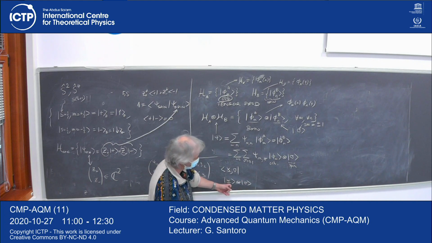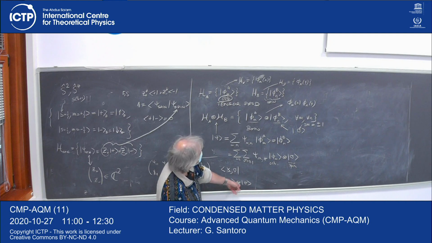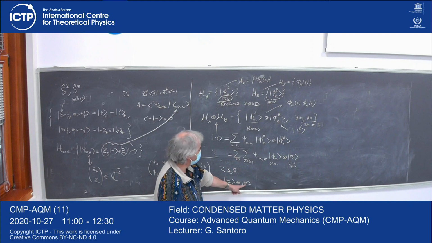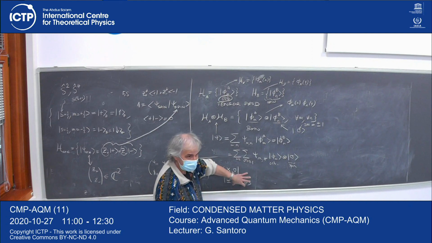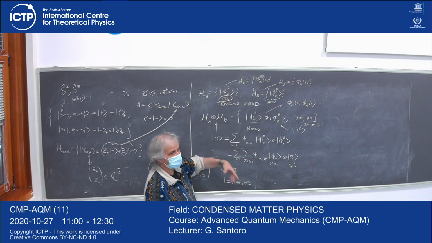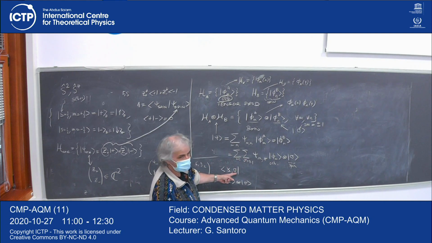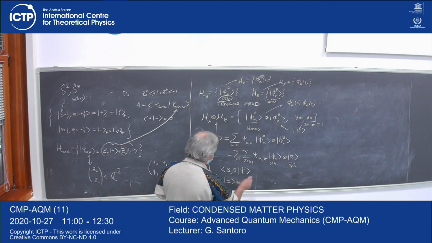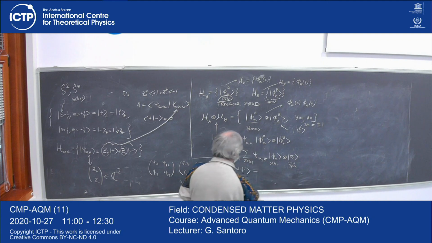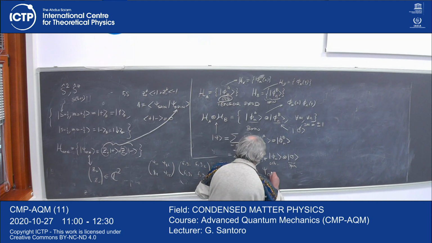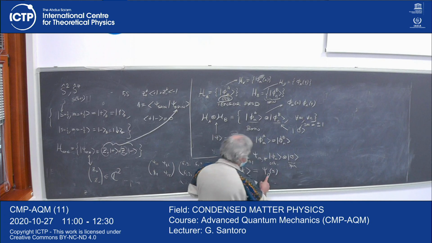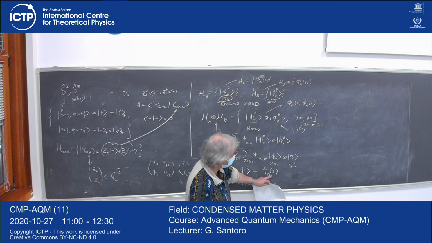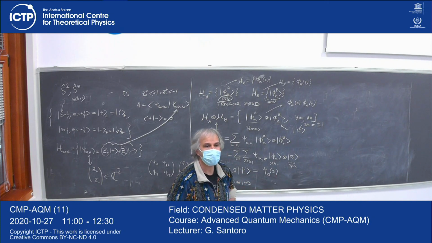So if I take a position eigenstate tensor product the spin along, say, up or down, this is a product state, which is my basis to express, for instance, the wave function. So I try to express the state in this basis. If you do it, generally speaking, you find some function of x, which however could be different for up and down. So psi up of x and psi down.